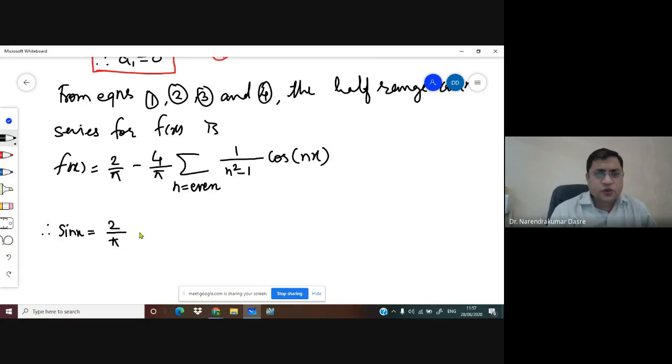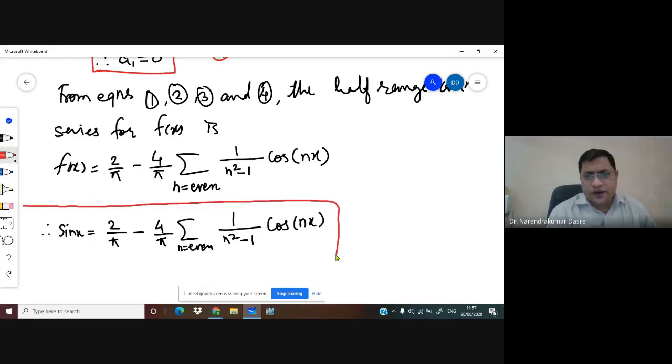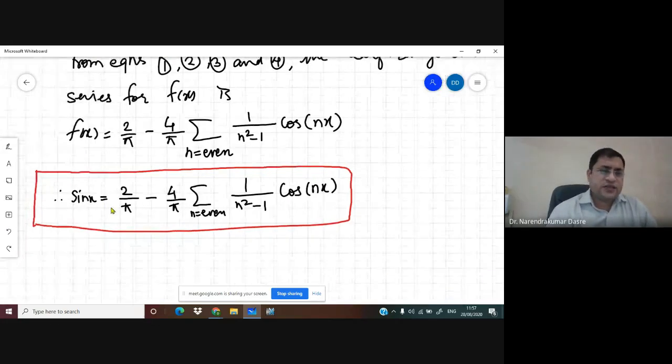So it is 2 by pi minus 4 upon pi, summation n running over all even terms, 1 upon n square minus 1, and cos of nx. So this way we are able to find the half range cosine series for the function f of x equal to sine x.